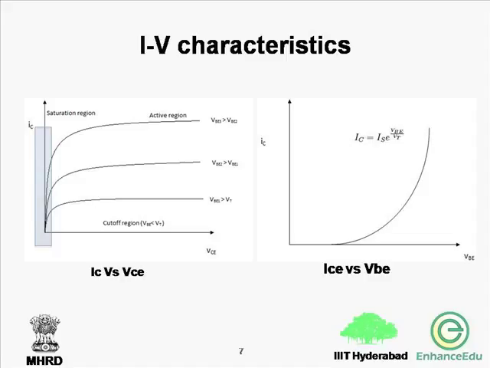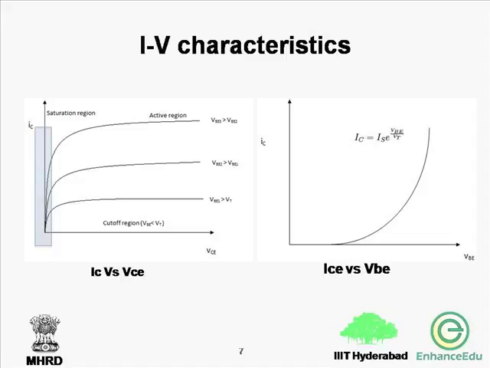As we increase the voltage above the cutoff voltage, conduction starts happening in the device, and it depends on which region the device is conducting. In this conduction region, the device can conduct in two modes, the active and the saturation.